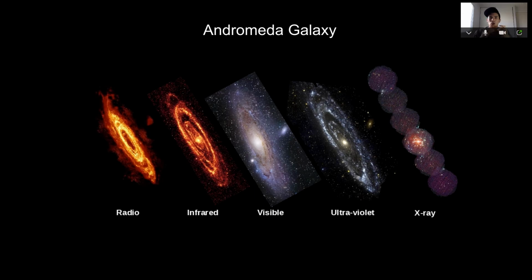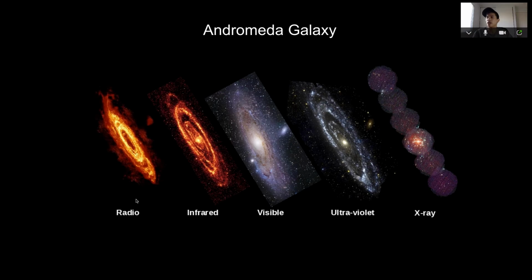This is the Andromeda galaxy observed at different wavelengths of light. You can see that it looks vastly different, for example in visible light compared to the radio and the X-ray images.